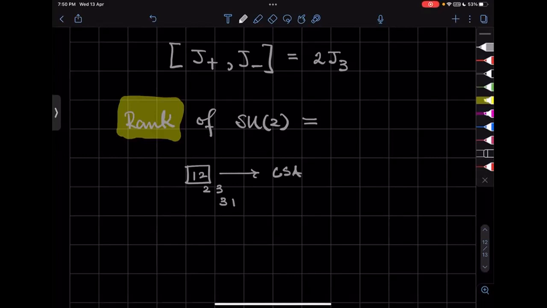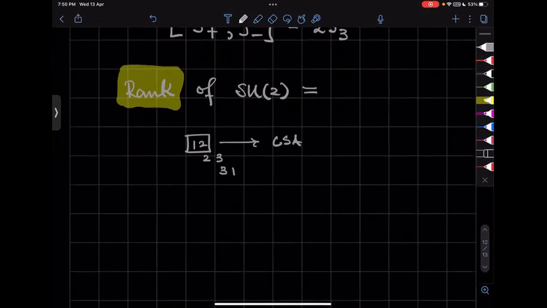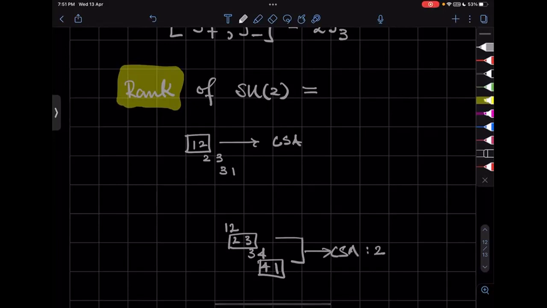Remember, the Cartan subalgebra is the algebra of the maximal number of mutually commuting generators. So if you were in 4 dimensions, then we would have 1-2, 2-3, 3-4, 4-1. These would be the planes of rotation. And then we could choose, say, 2-3 and 4-1 to be rotations which commute with each other. In that case, the dimension of the Cartan subalgebra would be 2.